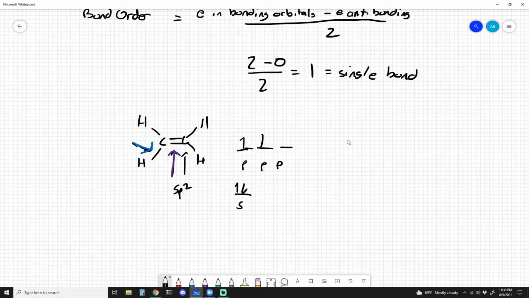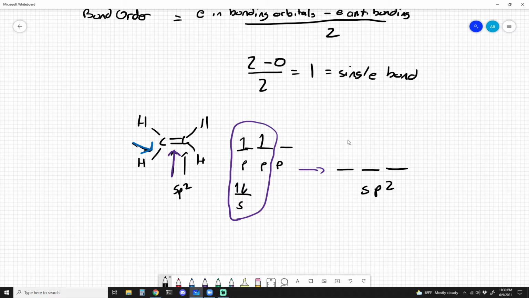When we hybridize, we're only going to hybridize the s and 2 of the p's. These are your sp2 orbitals, and we have the p orbital that's unhybridized left over. So we have one unhybridized p orbital that just stays a p orbital, and we'll put one electron here.